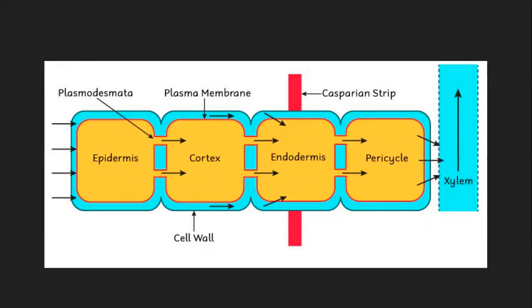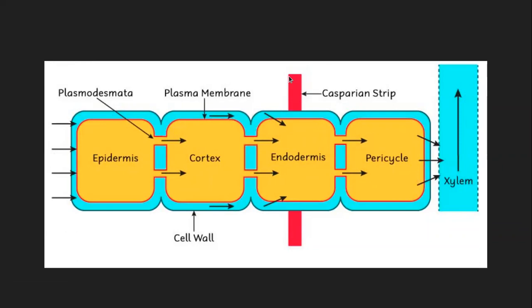But as of now, what we need to remember is the flow of water to create root pressure: from outside, that is the soil, to the epidermis, to the cortex, to the endodermis, then the pericycle and xylem. And that's how the water will move upward later.